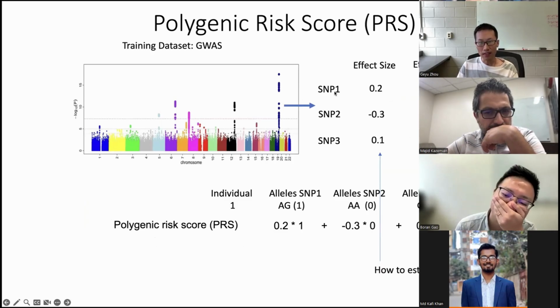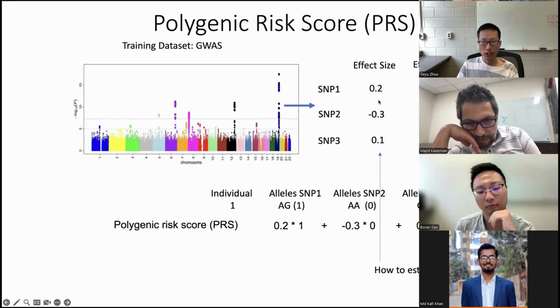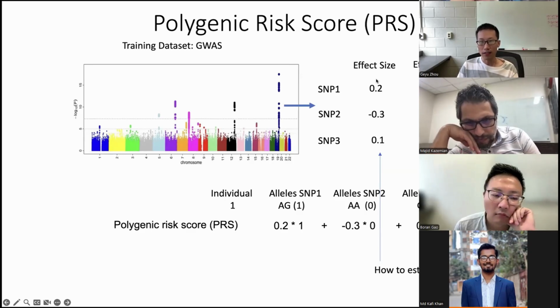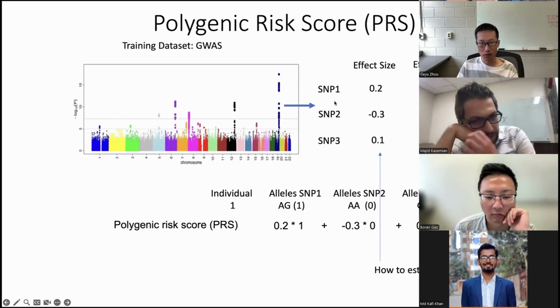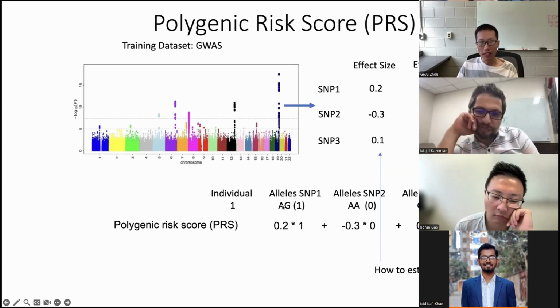The way it works is we simply take out the SNPs, the effect size, and the effect allele from the GWAS results. Then for a new individual, we measure the counts of the effect allele at these three SNPs. For example, at SNP1, the read is AG, so it carries one copy of the effect allele.